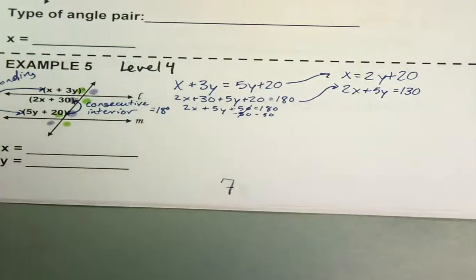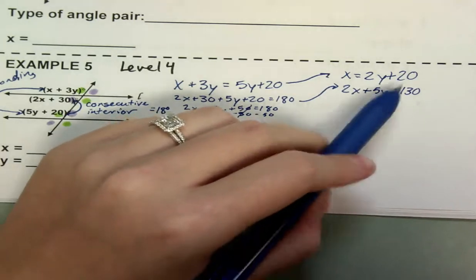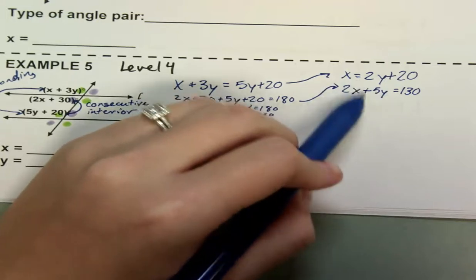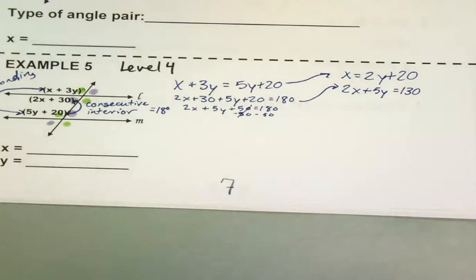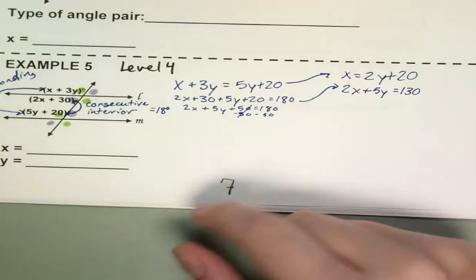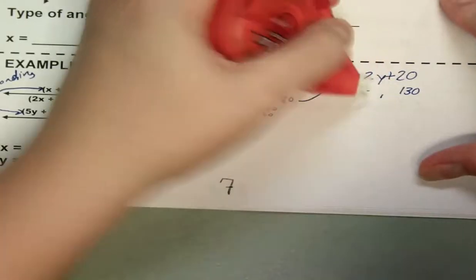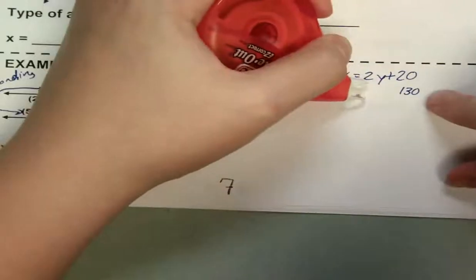Alright. Okay. And then what I also want to do, if you are using elimination to solve this, you want to make sure that the equal sign matches up and it's in the same spot so that your positive and negative symbols are the same. So you'd want to subtract 5y on both sides and basically move it to the other side of the equation.